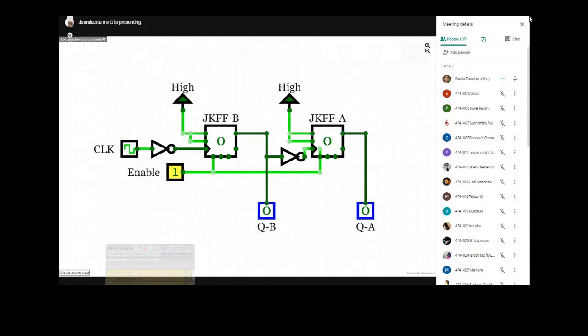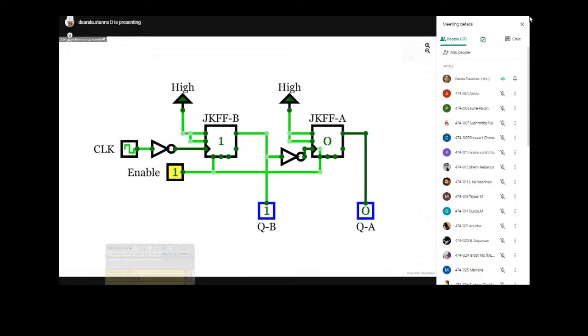0, 1, 2, 3, 0, 0, 1, 2, 3. I think you are able to see this. So this is counting from 0, 1, 2 and 3. If you connect LEDs here, you will be able to see it, or you can even construct it using a 7-segment display.